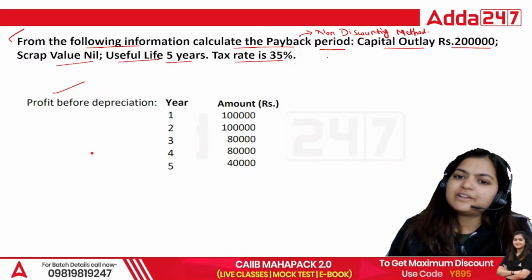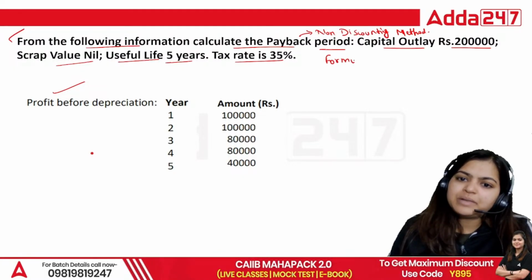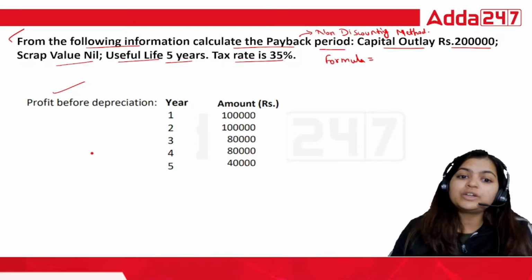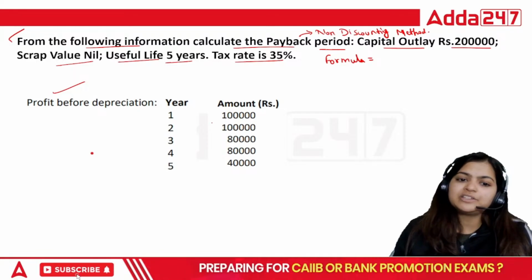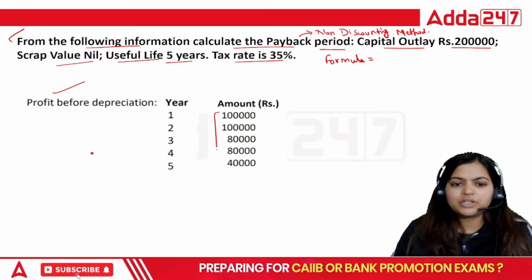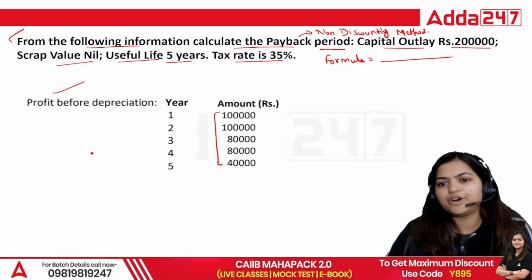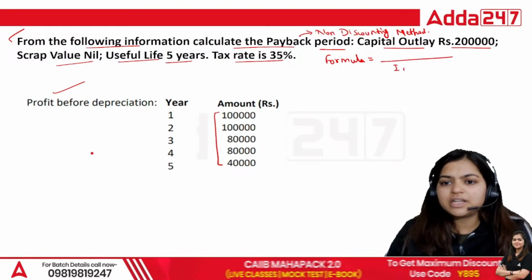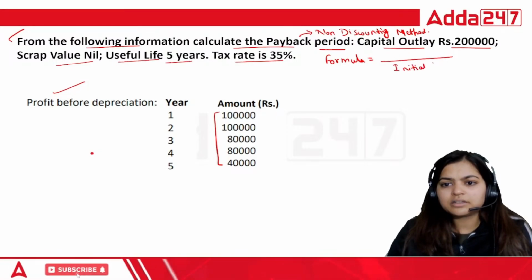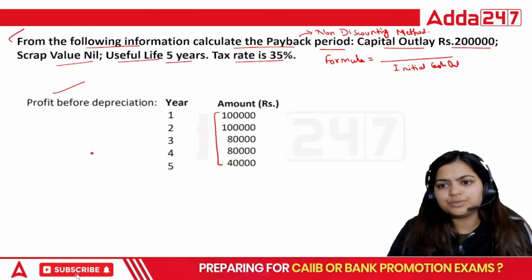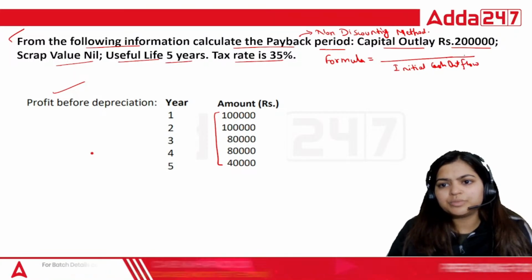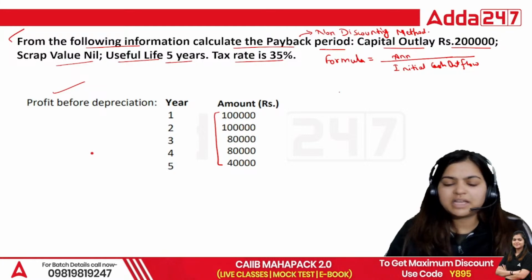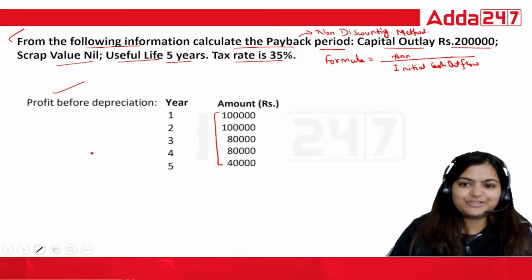Directly we are going to use it, and what is the formula for payback? Payback formula, if your cash flows are equal. Yes, but here you can see your cash flows are not equal. So we cannot use this direct formula, in which we say initial outlay, initial cash outflow in numerator. I'm sorry, I have reversed the formula.